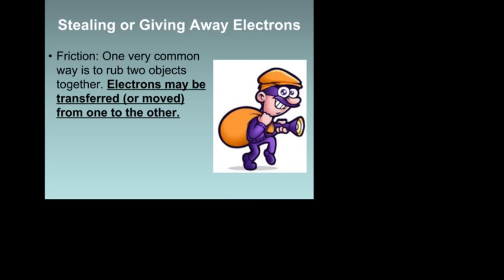Now, if you remember, we talked about friction a little while ago, and it's when two objects rub together. As these two objects rub together, electrons may be transferred or moved from one of the objects to the other. The more the two objects rub together, the more chance the electrons have to move around.